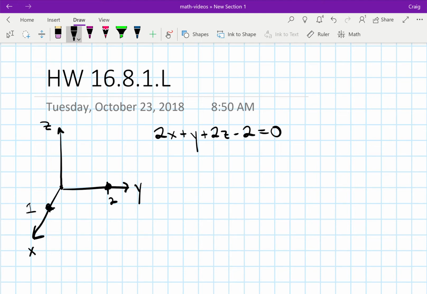And when x and y are both 0, z has to be equal to 1. So this is my plane slicing through, and I will just draw the intercept of that plane with the xz plane, the intercept of that oblique plane with the xy plane, and the intercept of that plane with the yz plane. Okay, so I have a little tetrahedron. It's like a tent in the corner of the room.